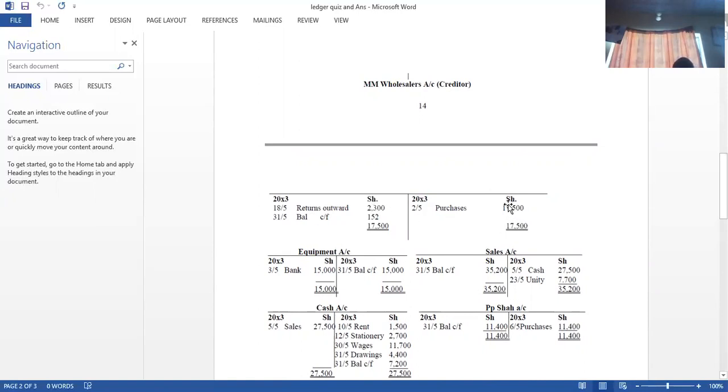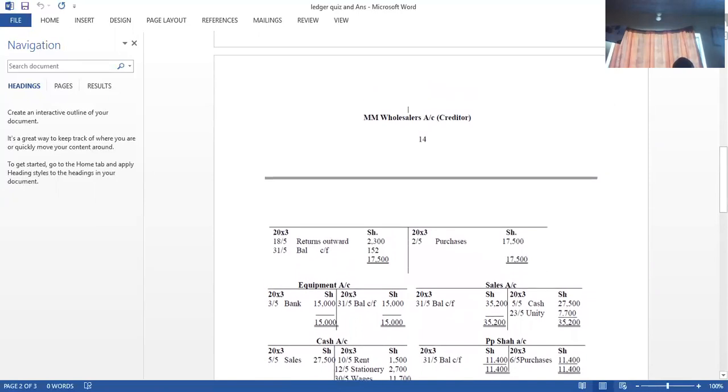So we were supposed to pay 17,500, but because we returned goods worth 2,300, we record it here so that we can minus them. Like that.